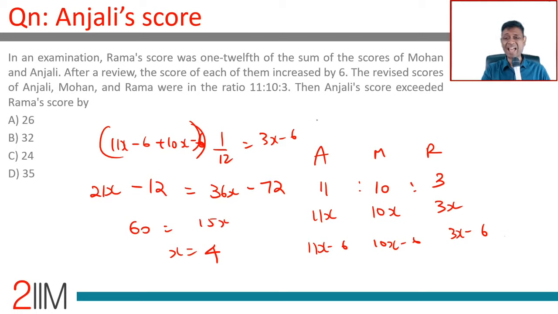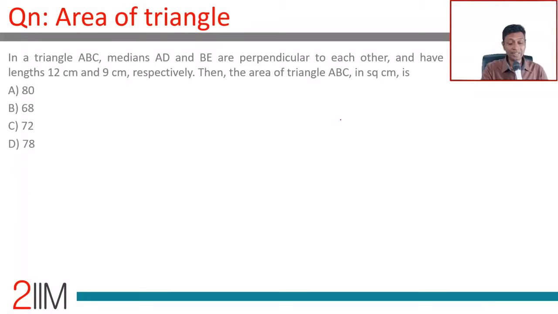So Anjali after revision scored 44, Mohan 40 and Rama 3 into 4, 12. Anjali's score exceeded Rama's score by 32. Even before revision it would have been 32, because each of them is getting 6 more. The difference is not going to change. 44 minus 12, 32.